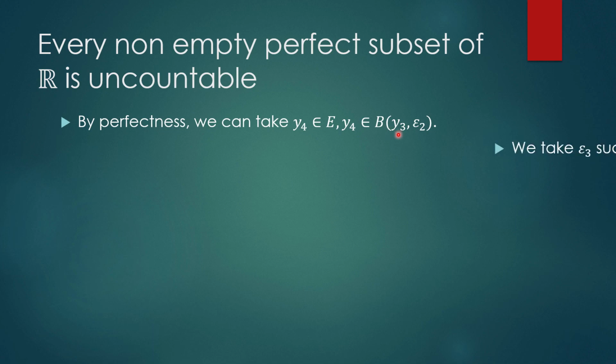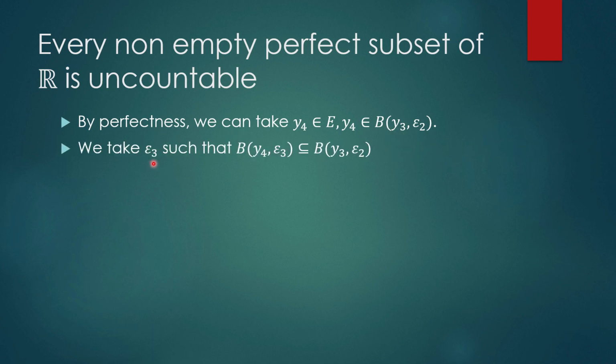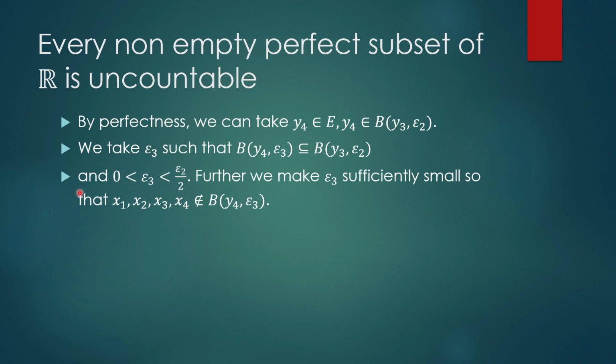We take epsilon 3 such that the open ball B(y4, epsilon 3) is a subset of the ball B(y3, epsilon 2), and epsilon 3 is less than epsilon 2 by 2. Further, we make epsilon 3 sufficiently small so that x1, x2, x3, x4 are not members of B(y4, epsilon 3).